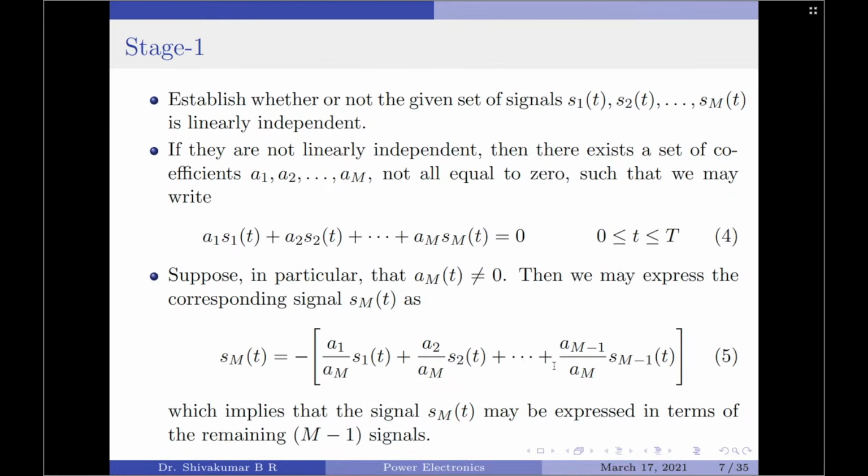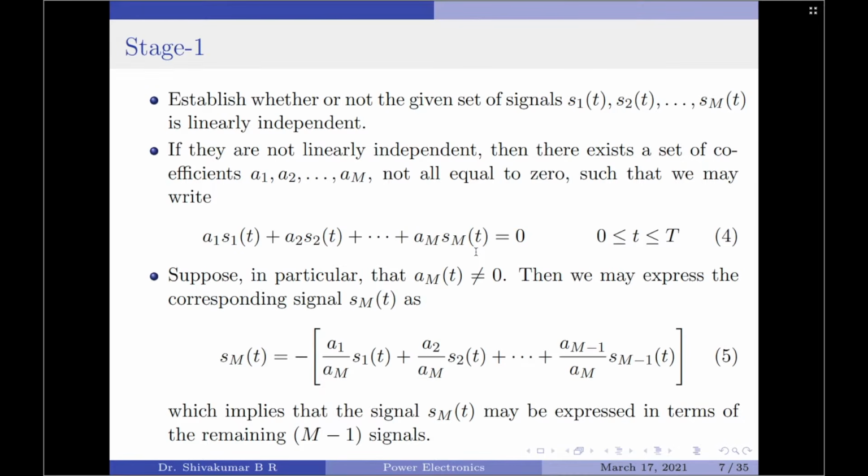Continuing in this fashion, we will have the last term given by am minus 1 divided by am into Sm minus 1 of t. So, equation 5 implies that the signal Sm of t can be expressed as a linear combination of the remaining m minus 1 signals. Right. So, at this stage, we have identified that Sm of t is one of the dependent signals.